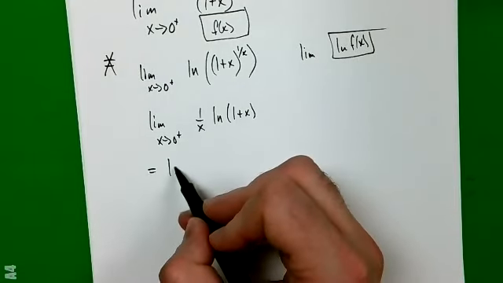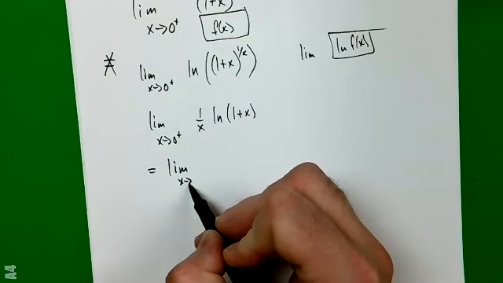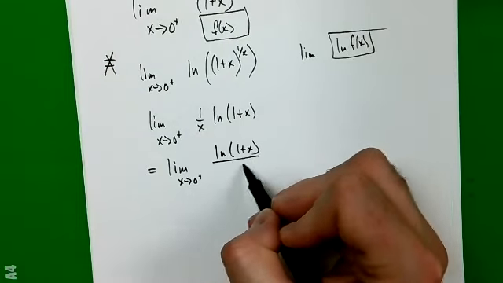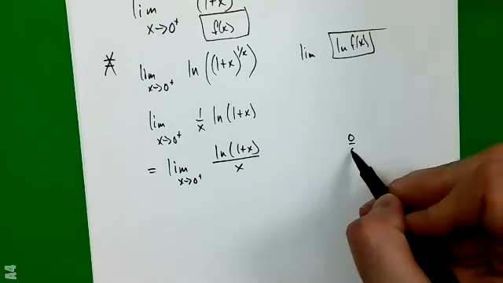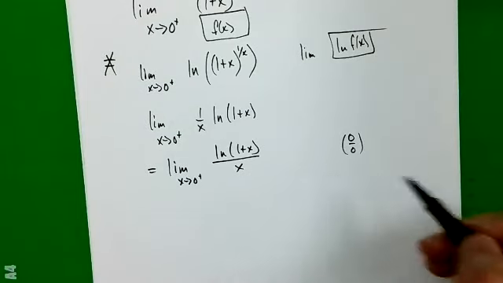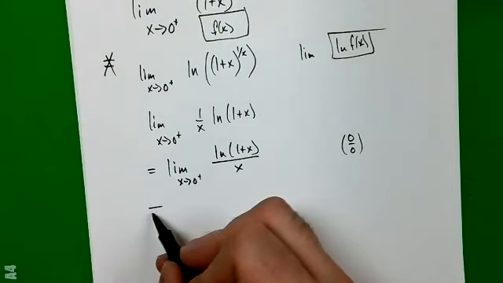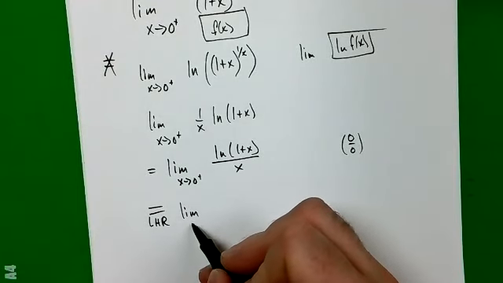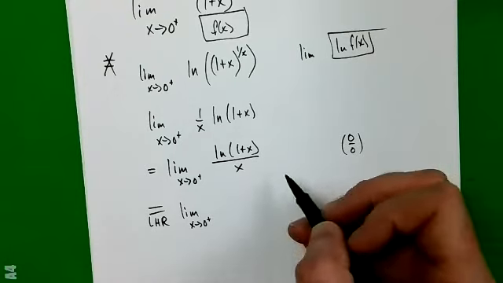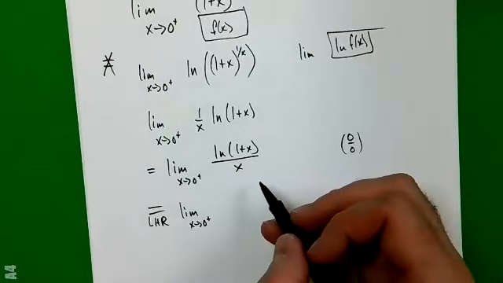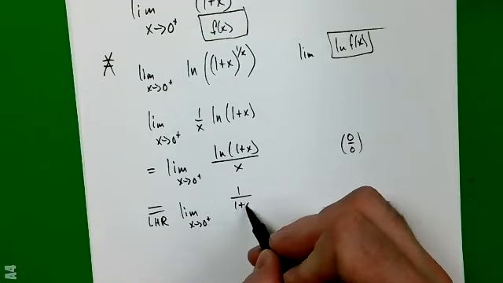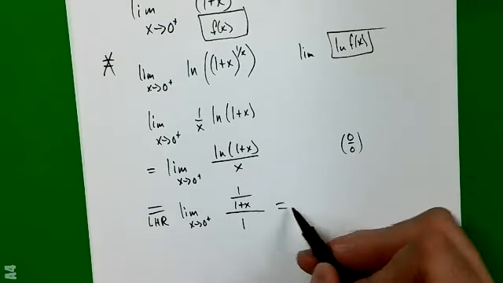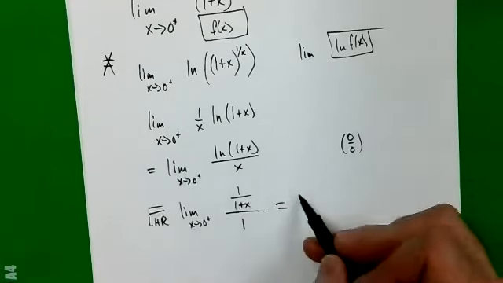So if I just write it like this, I have a 0 over 0 indeterminate form again. Now we can use L'Hopital's rule to take the limit of this function, and that's going to be 1 over 1 plus x over 1, which is just 1.